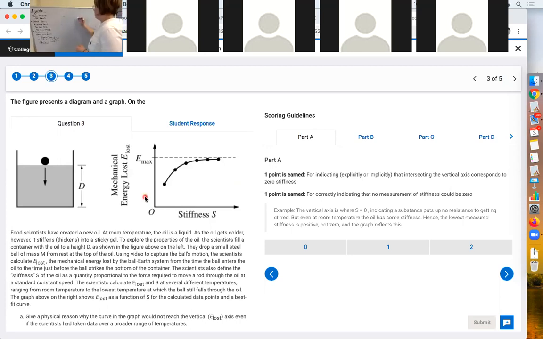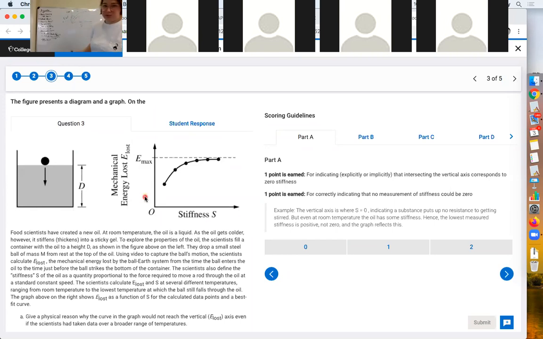So we're looking at why is that graph never going to touch the x-axis? Or excuse me, the y-axis.